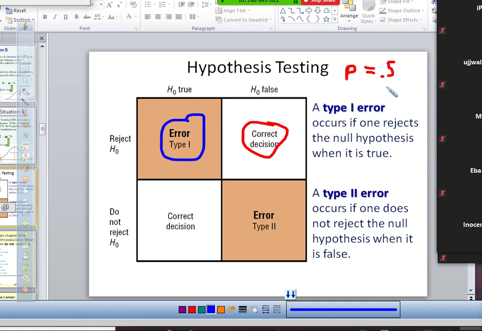So assuming my cards really were 50% red cards, and we got something unusual, we got those 6 red cards in a row and rejected H naught, if my deck really did have 50% red cards, then that would have been an error. If my deck actually had more red cards, like say 100% red cards, then that would have been a correct decision, right? Because I did have higher than 50%.